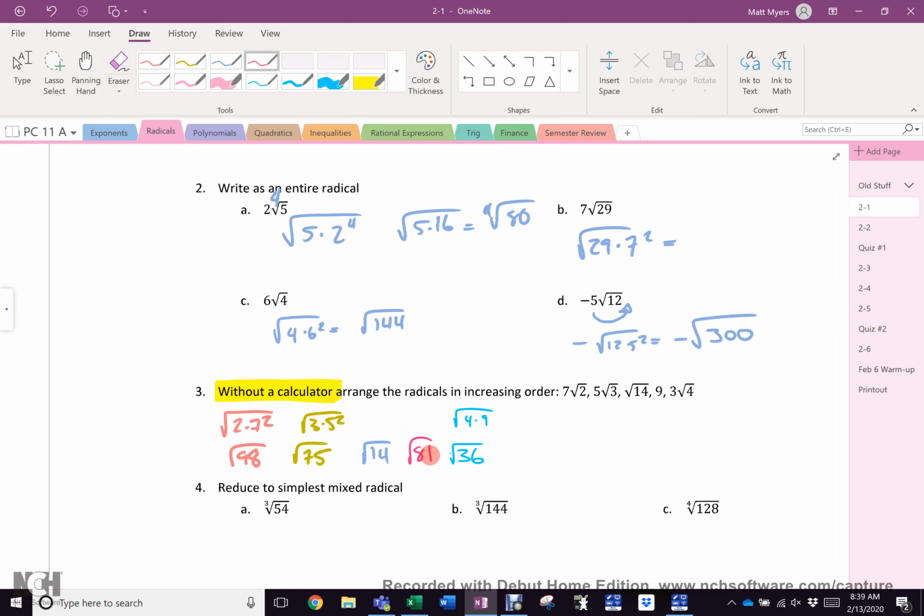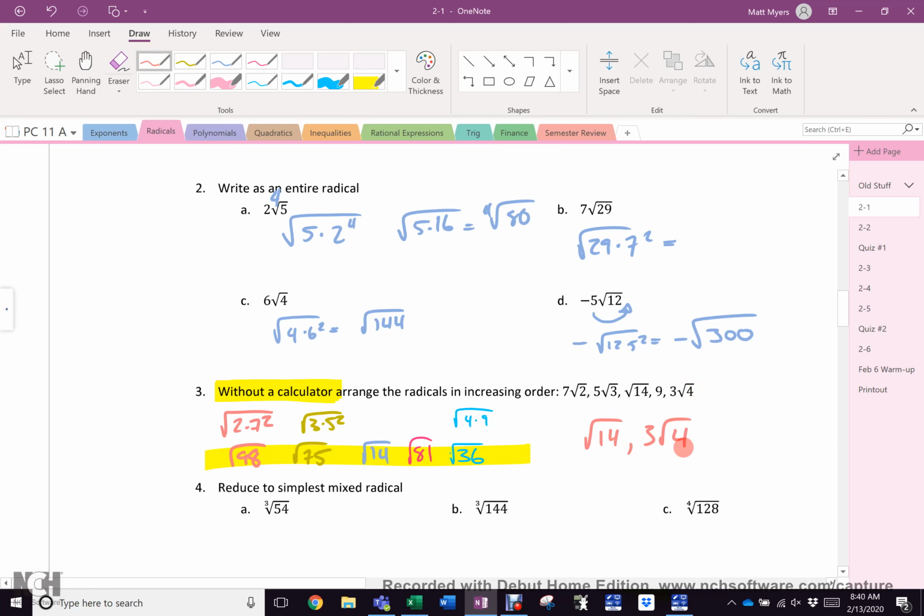What's the smallest one? Smallest one right there. Root 14. What's next? Root 36, which is really 3 root 4, right? So in order, we had root 14, then 3 root 4.